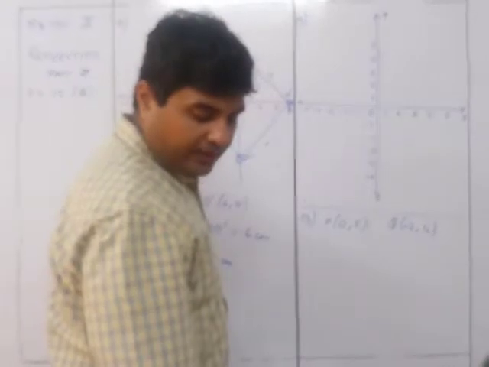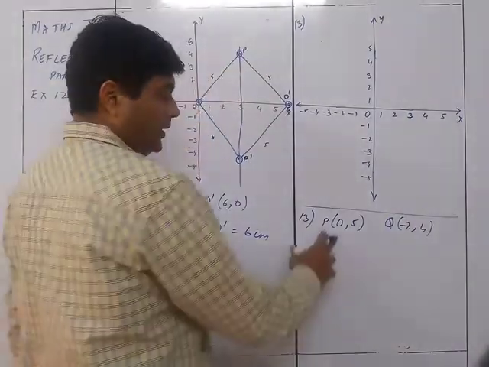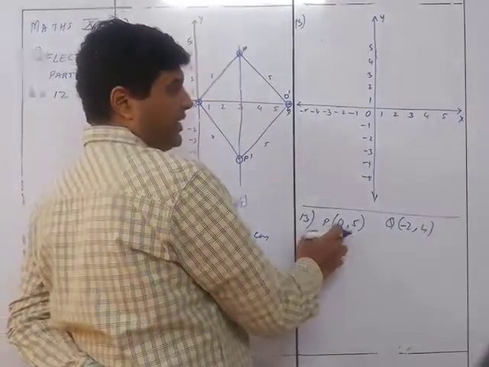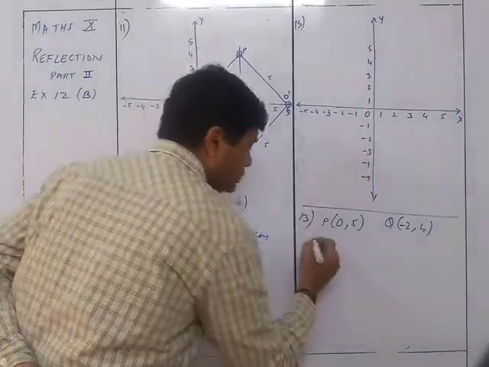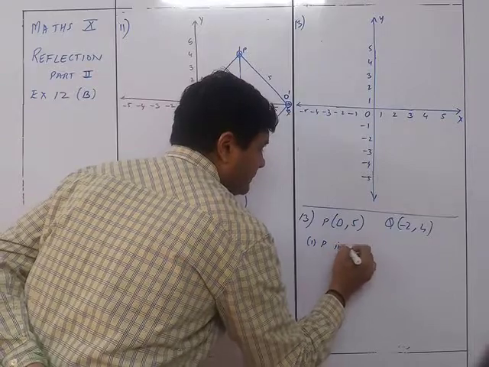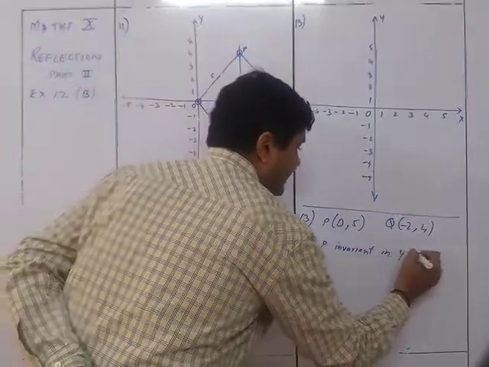P is invariant when reflected in an axis. So we know over here P is 0 comma 5. Where is 0 comma 5? 0 comma 5 is over here. So invariant with x-axis or y-axis. So first thing is P is invariant in the y-axis.